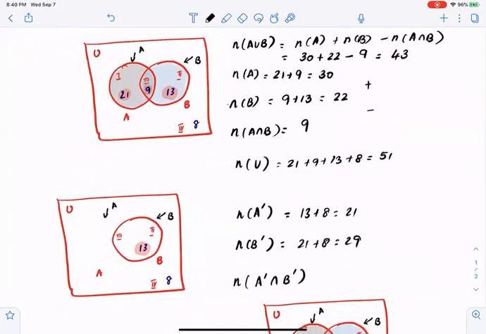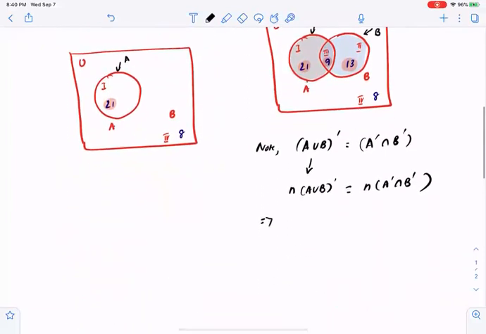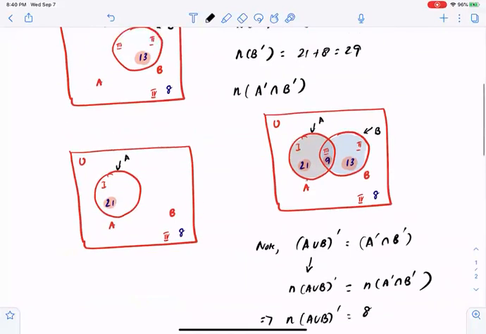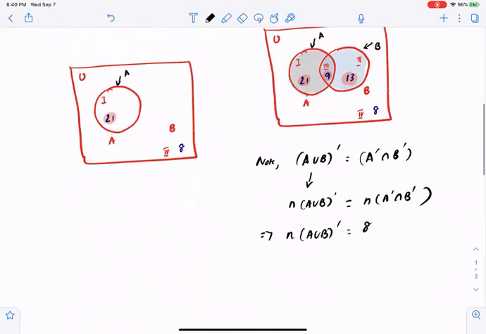Out of those 51 elements, 43 belong to A union B. That would mean 8 must belong to A union B complement. So perhaps I've got to put a bigger bracket here so you understand. So the answer would be 8.